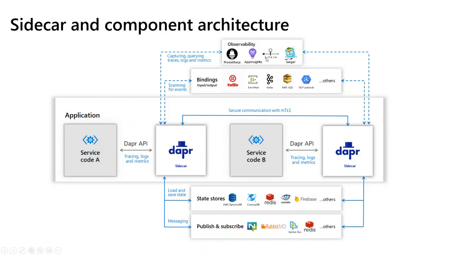For observability, you can use Application Insights or Prometheus. You can use the building block for distributed tracing. For different bindings to receive messages and to send messages, you can go with bindings. To save some state, you can go with a state store, any of these sources. And for pub sub messaging, you can go with this. So this is the overall architecture of how Dapr looks.